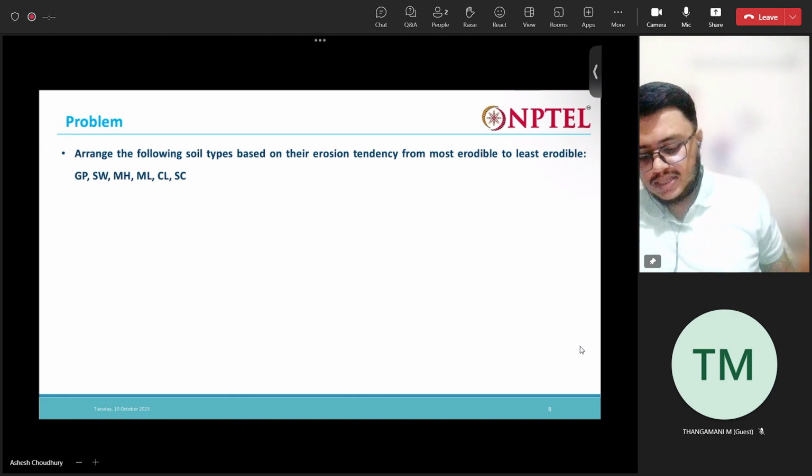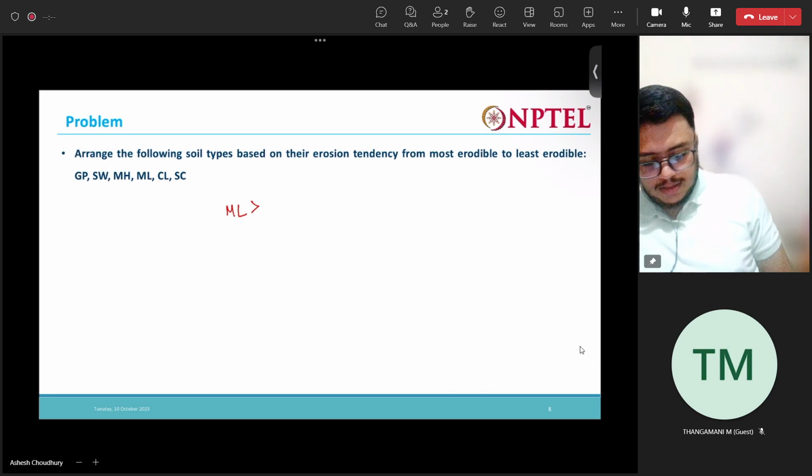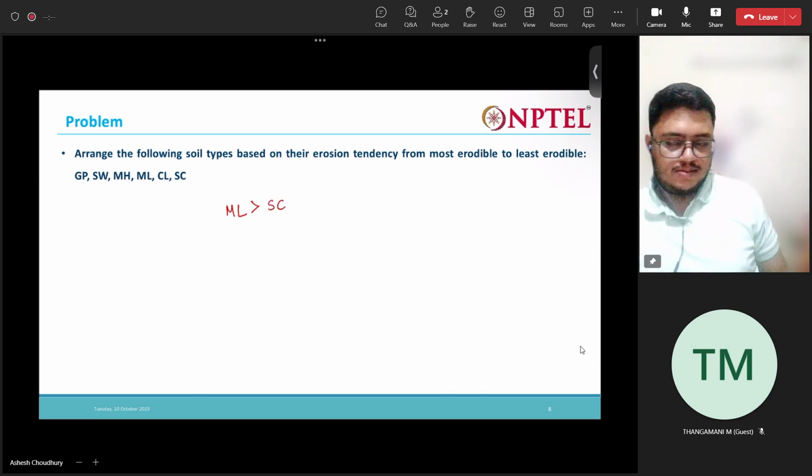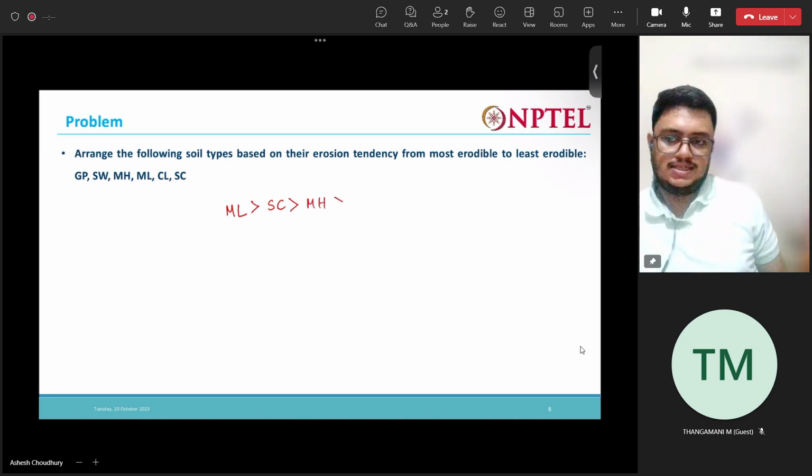Out of these, the most erodible is silt, low plastic silt. After silt, we have clayey sand. After clayey sand, we have MH, which is highly plastic silt.